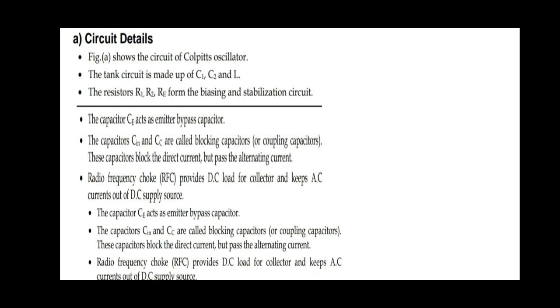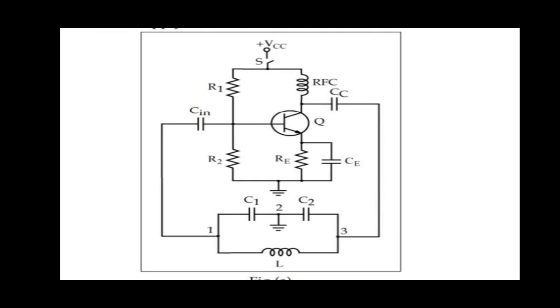Next we go for the Colpitts oscillator. Now we have completed the Hartley oscillator. How does the circuit work, and what components does it have? This Colpitts oscillator circuit is similar to the Hartley oscillator.